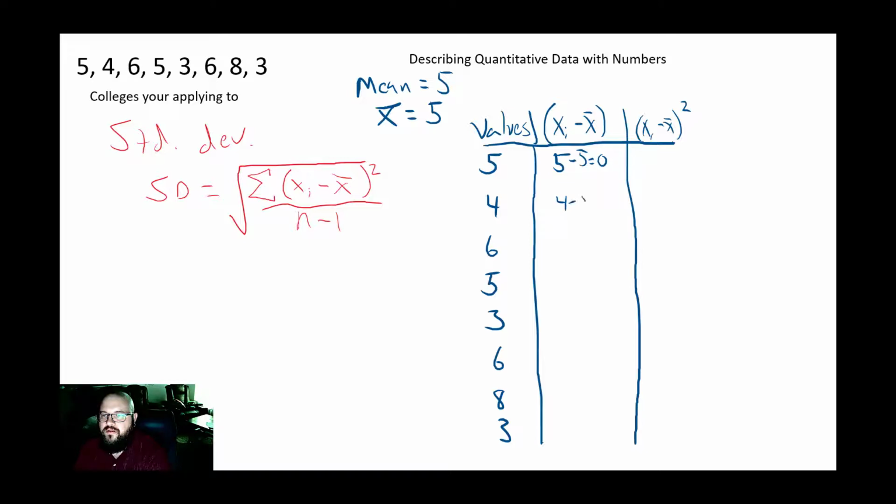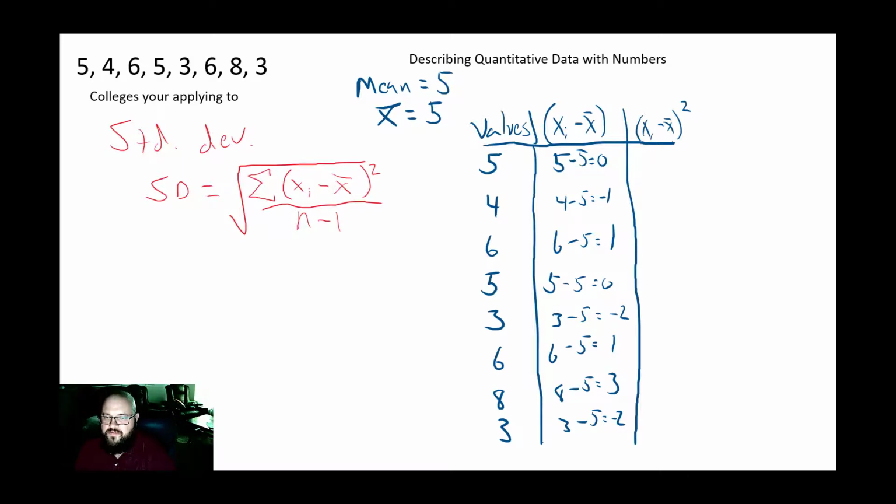We had 4 minus 5, which gives us negative 1. We had 6 minus 5, which gives us 1. We have 5 minus 5, which gives us 0. 3 minus 5, which gives us negative 2. 6 minus 5, which gives us 1. 8 minus 5, which gives us 3. And 3 minus 5, which gives us negative 2.